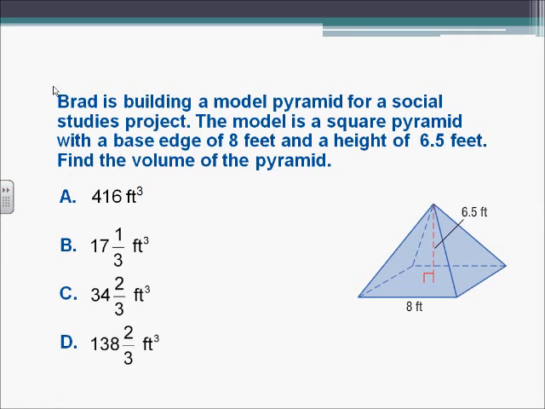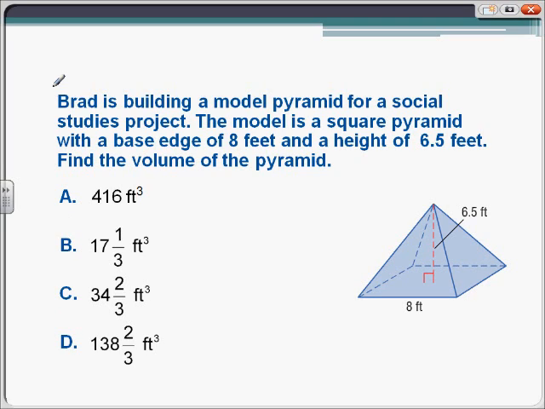Here, Brad is building a model pyramid for a social studies project. The model is a square pyramid with a base edge of 8 feet, and a height of 6.5. Find the volume of the pyramid. So we know our volume formula, 1/3 area of the base times the height. Area of our base, since our base is square, is just going to be 8 squared, or 8 times 8, times our height.